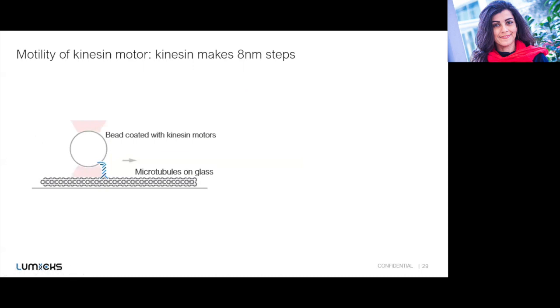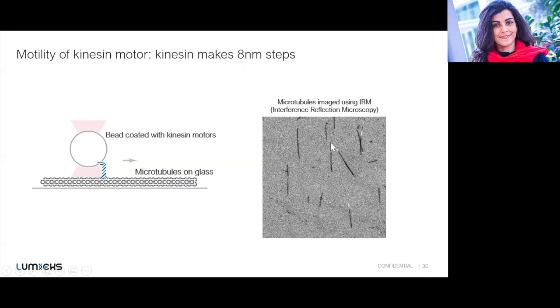And for example, we can measure the step sizes that kinesin motors make when they walk on a microtubule. We can have microtubules on a glass slide, and using IRM, we can image those microtubules.